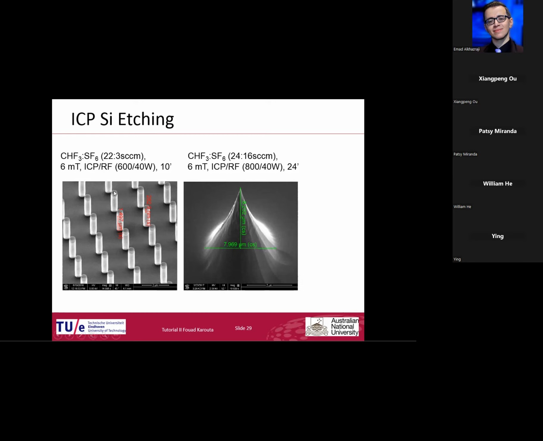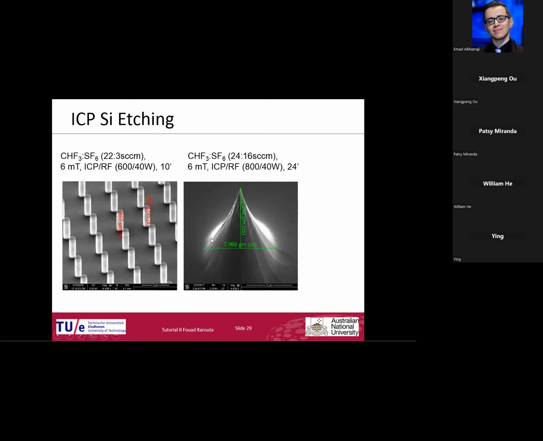So the balance of the parameters, the pressure, the ICP power, the RF power, will be a balance between how much polymer is deposited and how much you remove during the etch. But if you have a good equilibrium, you can etch deeper without really etching your mask. That's why the combination of these two gases is important.